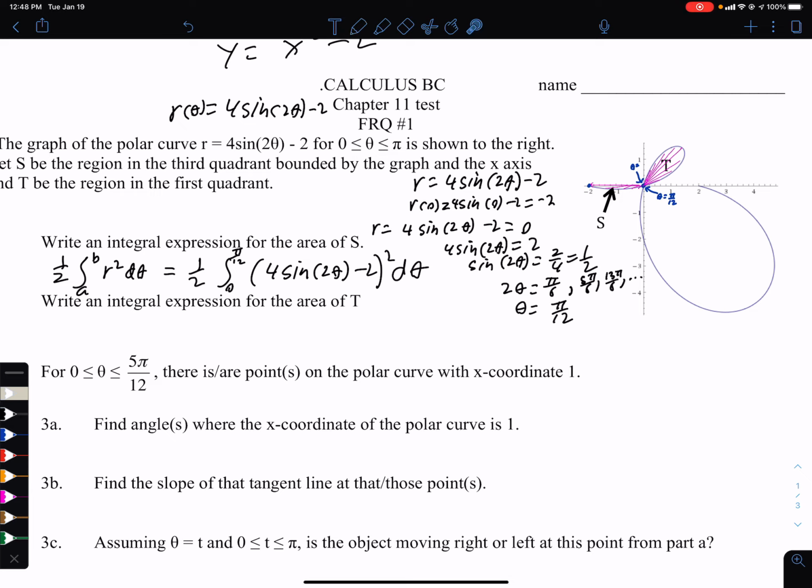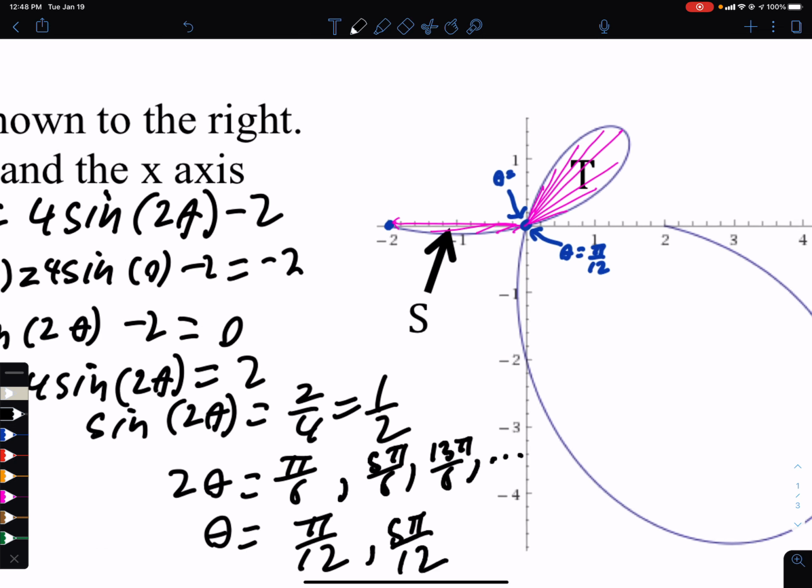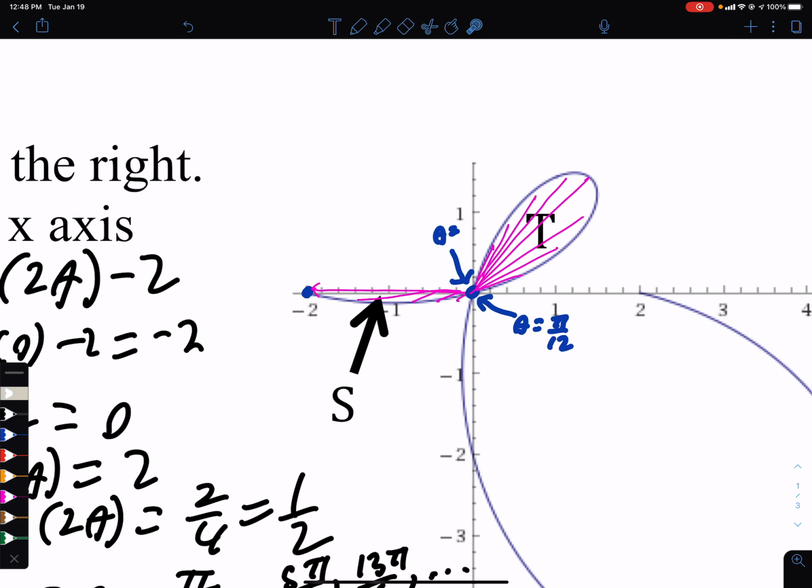But our theta goes from 0 to pi, so there's going to be a limited number of thetas that you can use. So if I divide 5 pi over 6 by 2, I'm going to get 5 pi over 12. That's going to be my next angle. So this is produced starting at pi over 12, and as I go through the angles, it gets back to 0 at 5 pi over 12.